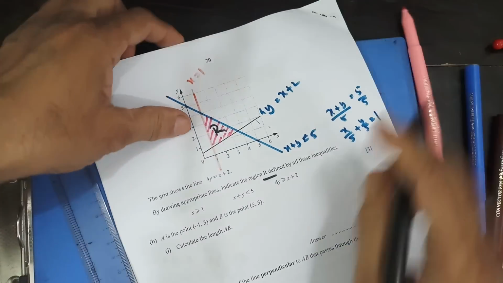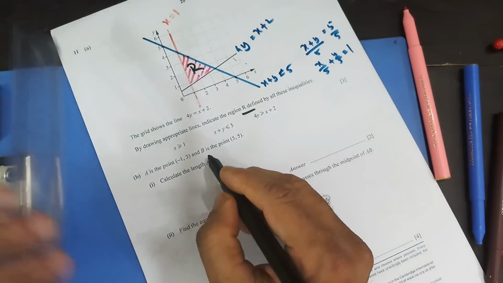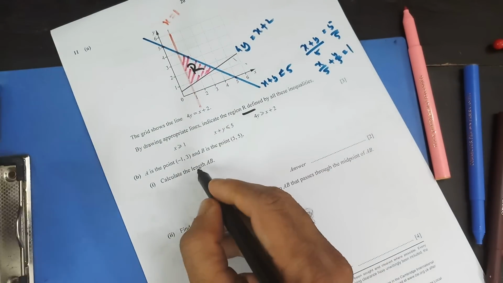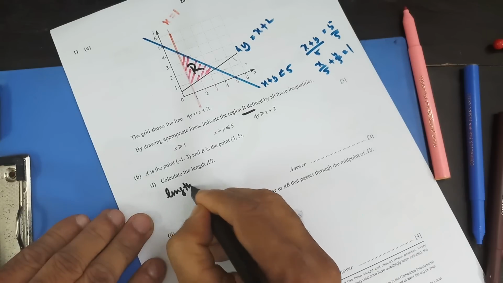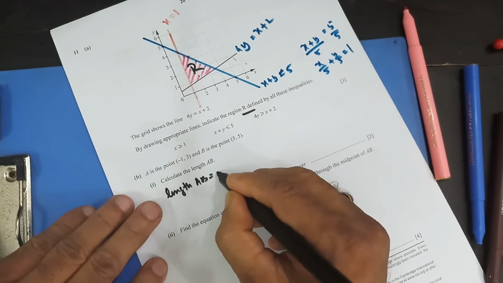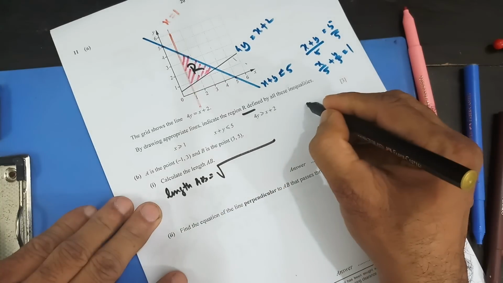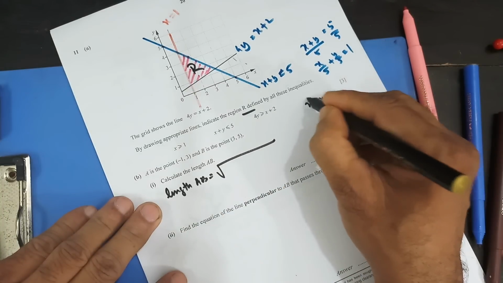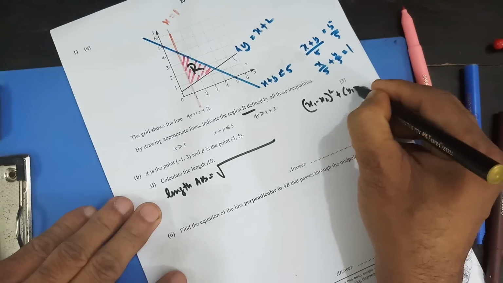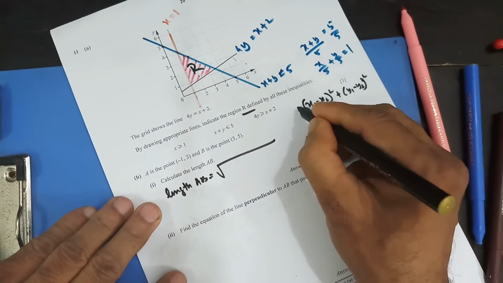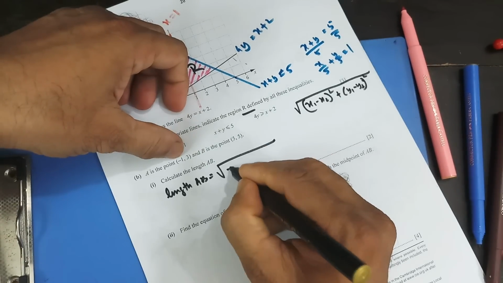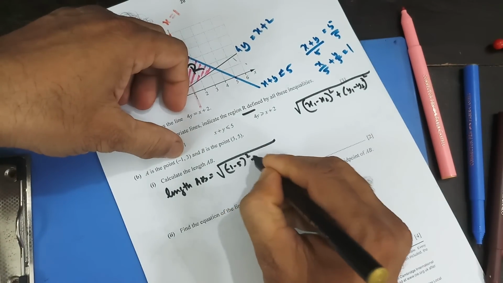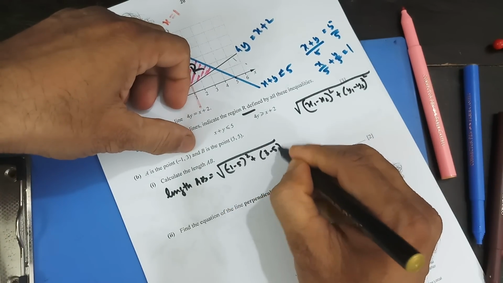Now A is the point (-1, 3), and B is the point (5, 5). Calculate the length AB. The formula goes like the square root of (x1 minus x2) whole square plus (y1 minus y2) whole square for the length. So that's -1 minus 5 whole square plus 3 minus 5 whole square.